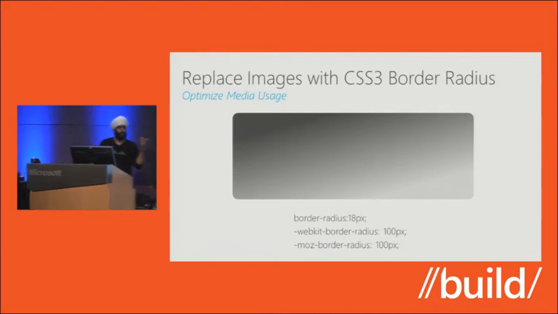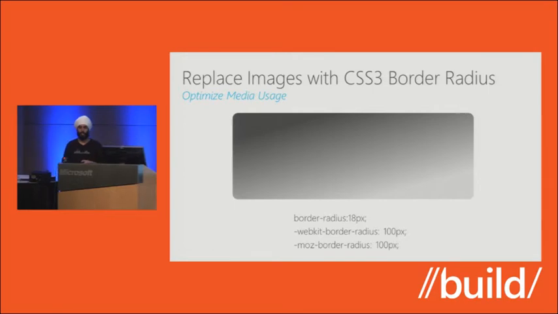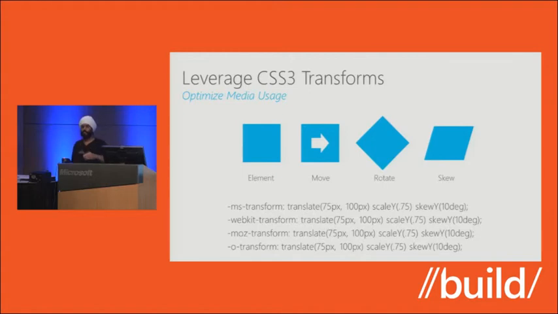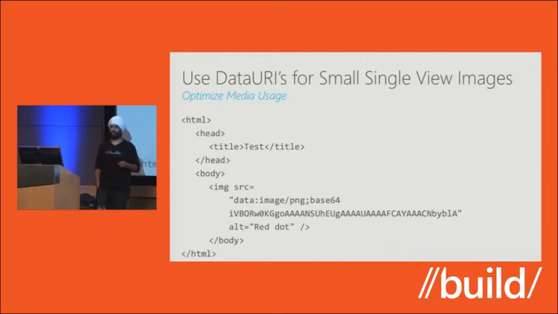And the cool thing is you can add border radiuses to anything, like divs or canvases. It's pretty cool. And in that same context, use CSS3 transforms to do the move, rotate, skew effect. So instead of having multiple images to create these effects, you can just do this directly from markup to represent those effects.